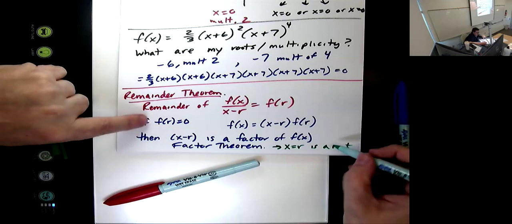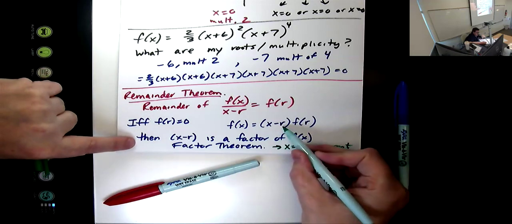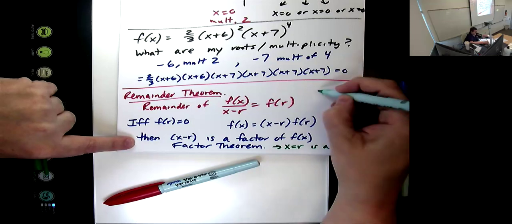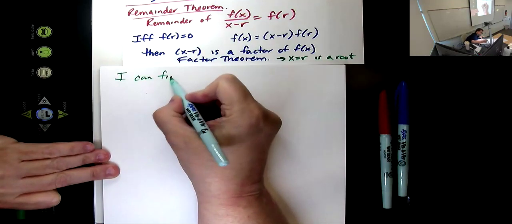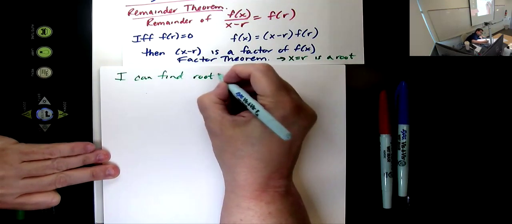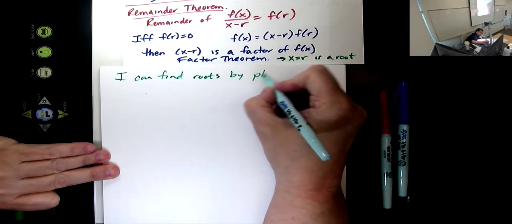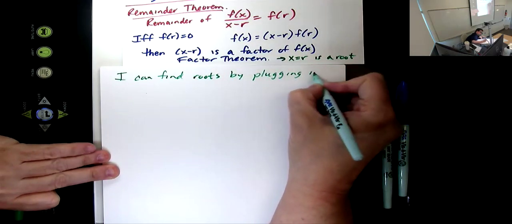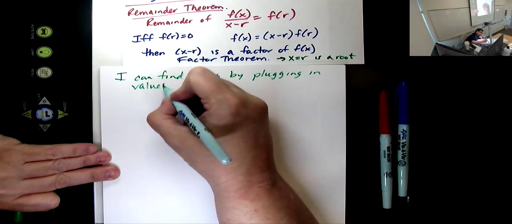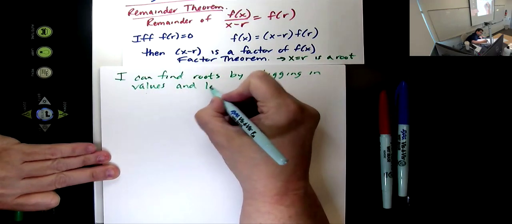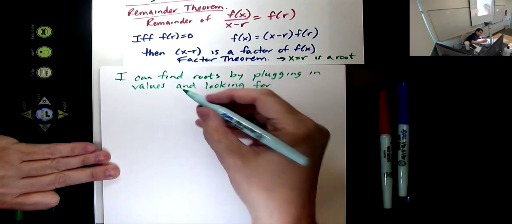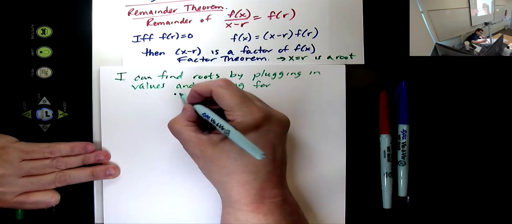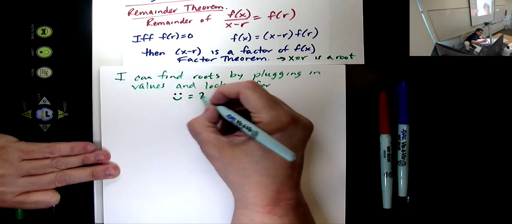And that means if I have x minus r, I can find roots by plugging in values and looking for zeros. Let's say I plug in smiley face, and smiley face equals, I don't know, 7.